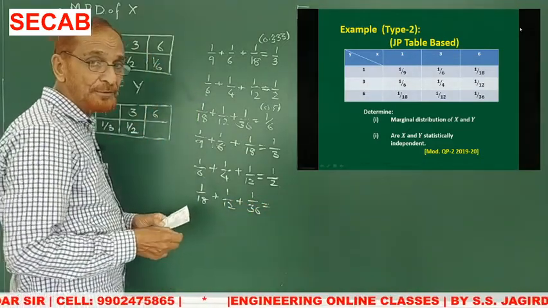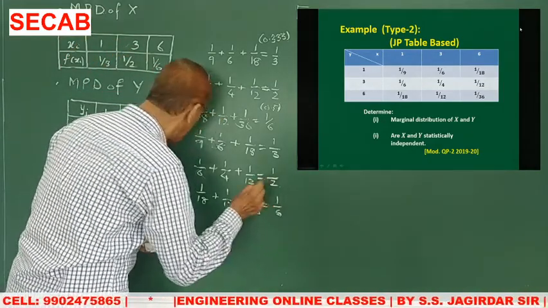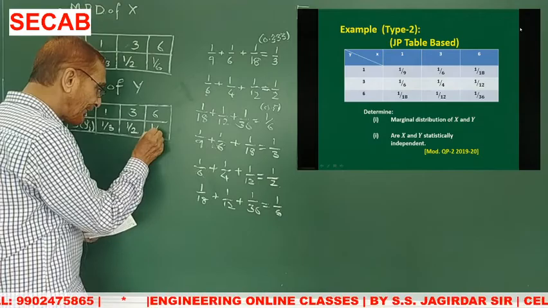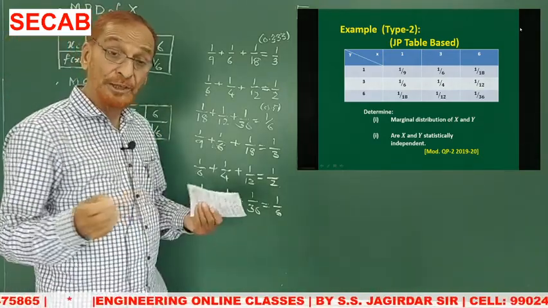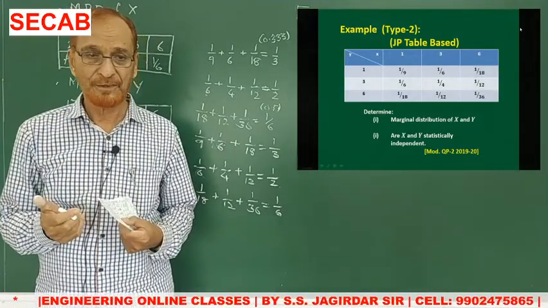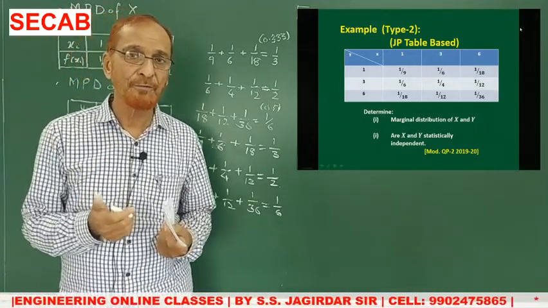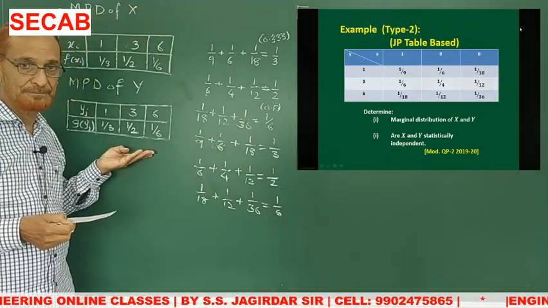When you add these values, you will get 1 upon 6. Therefore, the probability when y value is 6 is 1 upon 6. So this is your first answer: for 1, determine the marginal probability distribution of x and y. These are the answers.